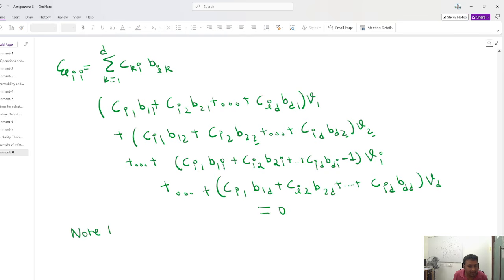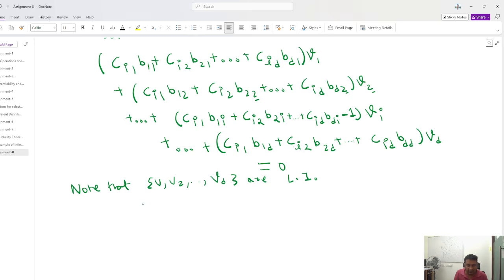Note that V1, V2, Vd, what are these? They are linearly independent. So what you get? All these scalars are zero, right?